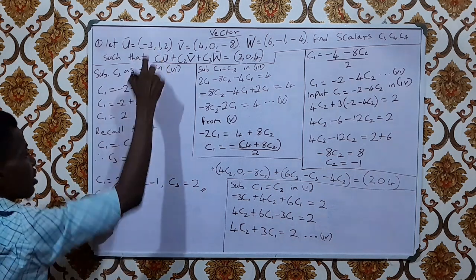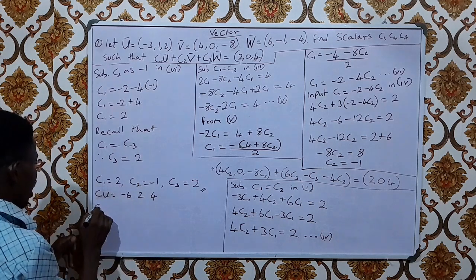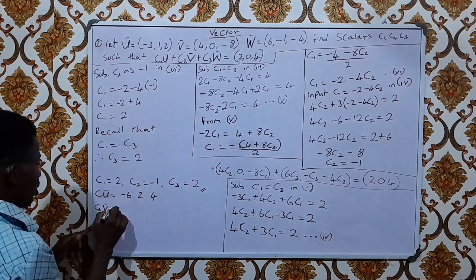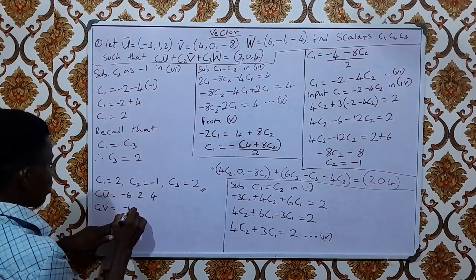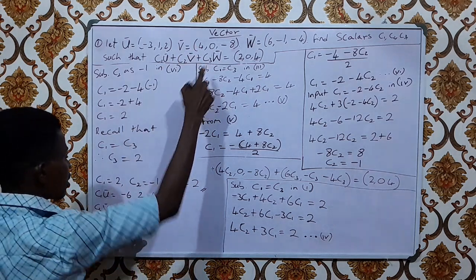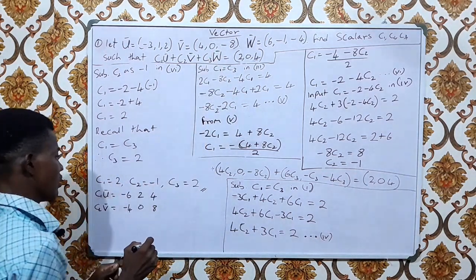2 times 1 is 2. 2 times 2 is 4. Then C2 times the second vector will now give us -1 times 4, -4. -1 times 0 is 0. -1 times -8 is +8.